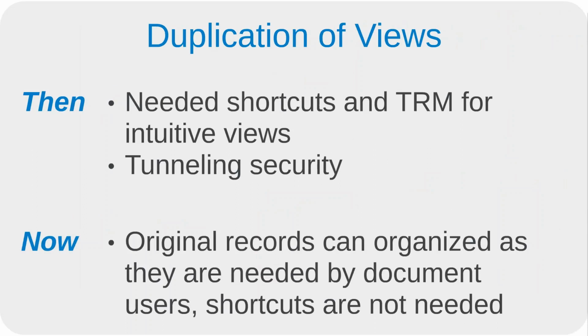So as part of the workaround for that being forced to put everything into its own record series, we had a duplication of views. Previously, in one of the standard applications of Laserfiche, we would create shortcuts and implement a strategy called TRM, or Transparent Records Management, to get those more intuitive views into Laserfiche.